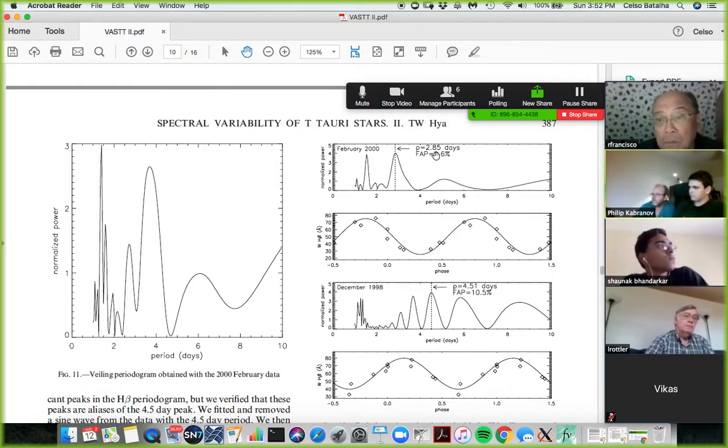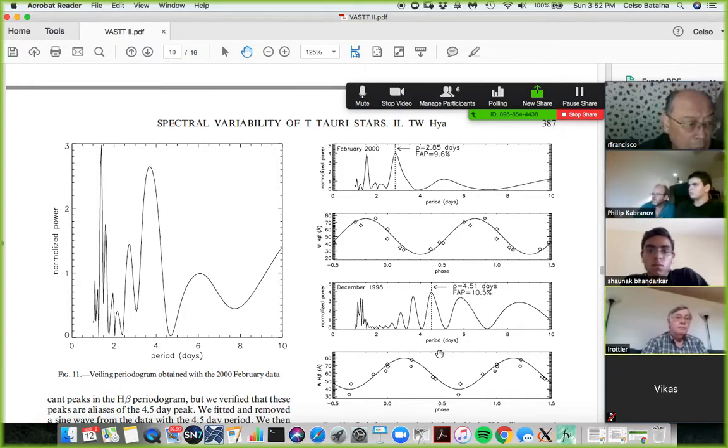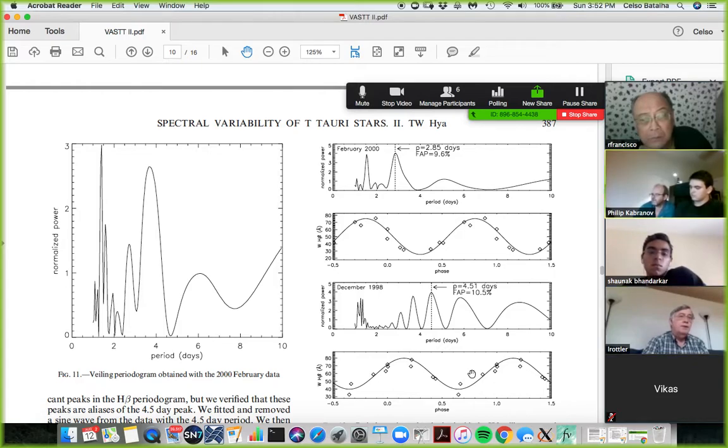Oh, now I remember. We were kind of divided between two. One is 2.85, and the other one 4.51. And that is the H beta with the 4.51. So this is H beta with 4.5, H beta with 2.85.